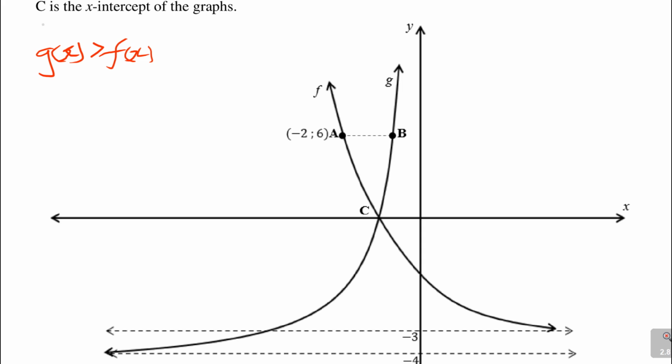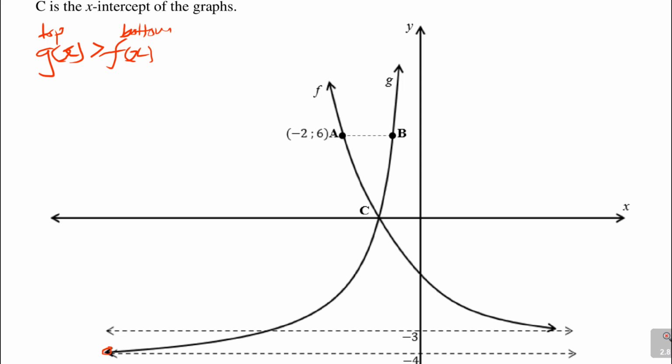At that moment g of x must be on top and f of x must be at the bottom. These are graphs, so you just follow the graphs and ask yourself, in which area is the graph of g on top of the graph of f of x? Let's start from the bottom.